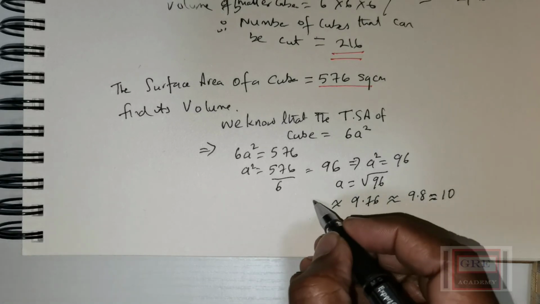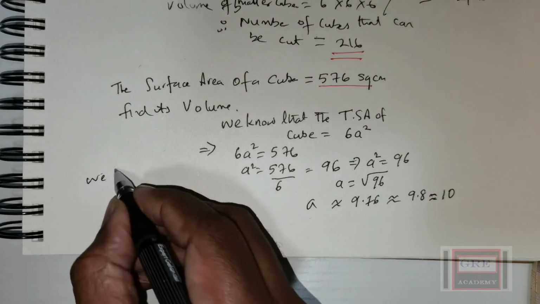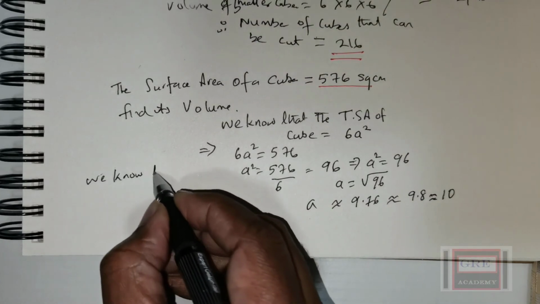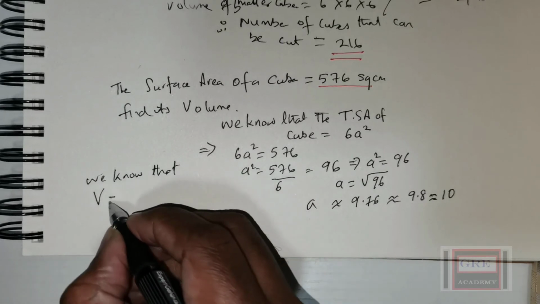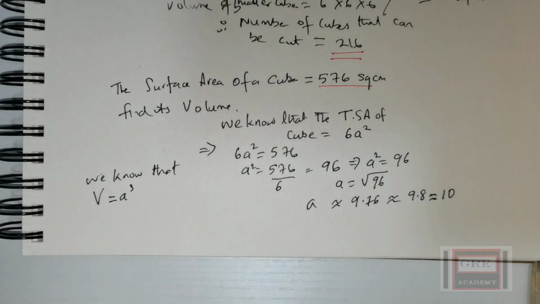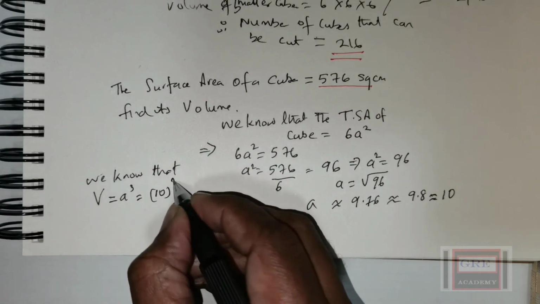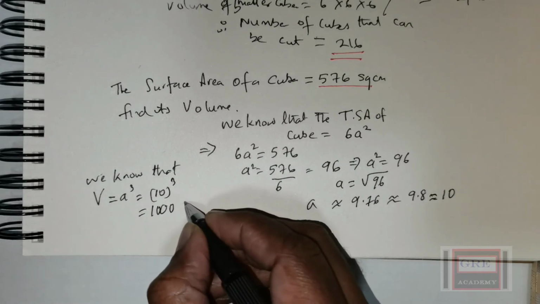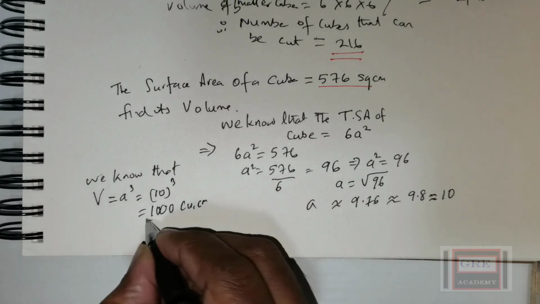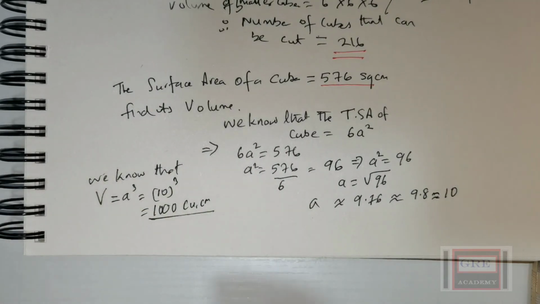Now if I were to take this as 10, we know that the volume of a cube is given to be a cubed, right? So this would mean you have 10 cubed there, that's going to be 1000 cubic cm. So this would be the solution for the question.